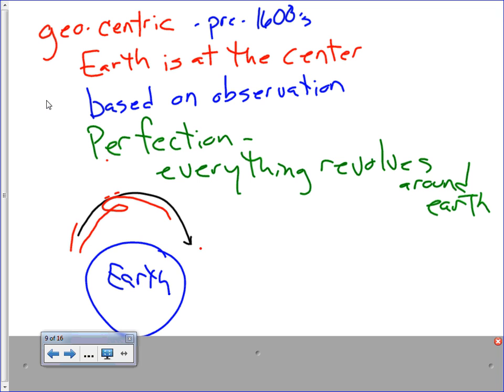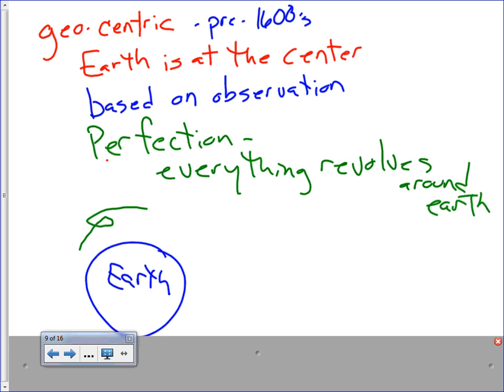But if you watch the planets, like Venus and Jupiter, Saturn, all of these are bright enough to see in the night sky. And instead of just going in a circle, if you watch any one of them, they seem to rise, and then they might slow down, and then some of them apparently go backwards and then go forwards again in this very strange movement.